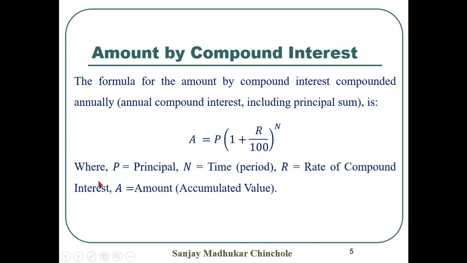R is the rate of compound interest which is given per cent per annum, and A is the amount accumulated value. This is nothing but the principal plus the compound interest on the principal for the given number of years or the period with the given rate of compound interest R.